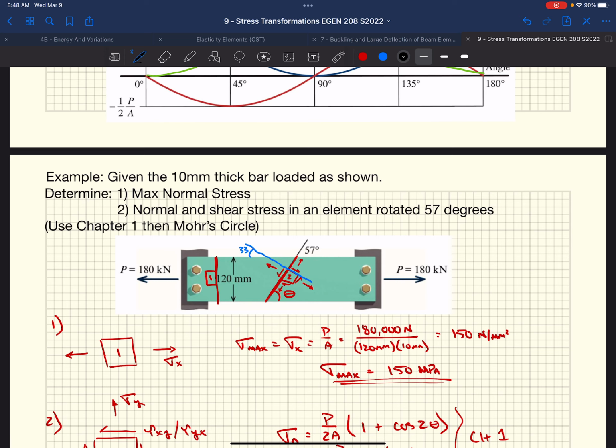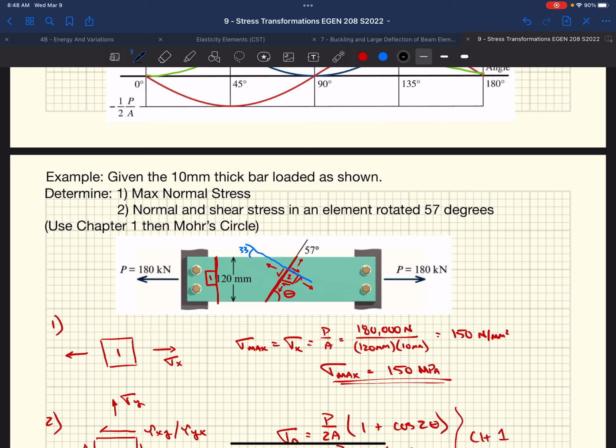So we've established our coordinates: the normal stress and shear stress on the x face, and the normal stress and shear stress on the y face. We can just take these values and plot them on our Mohr's circle. In our case, our maximum normal stress is 150 megapascals, which is on our x face.